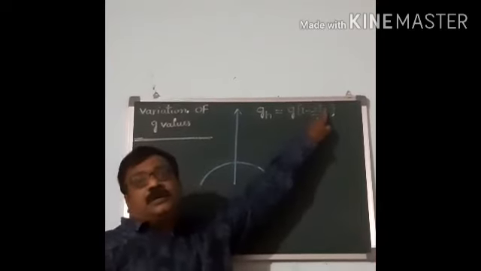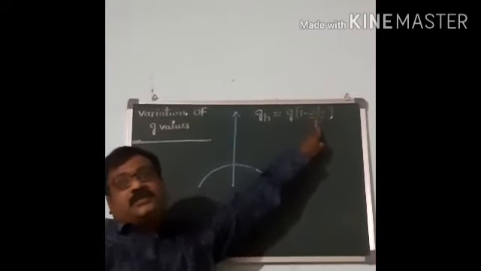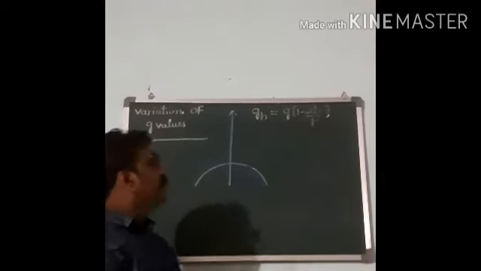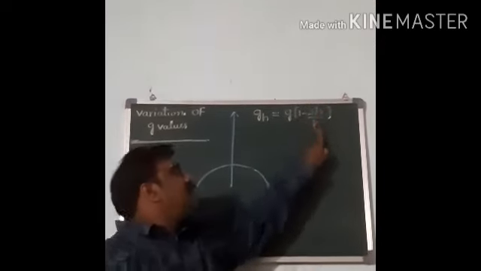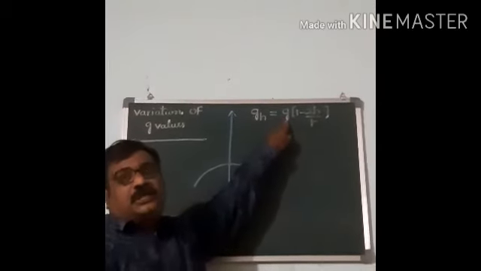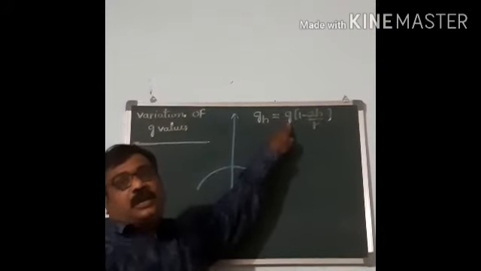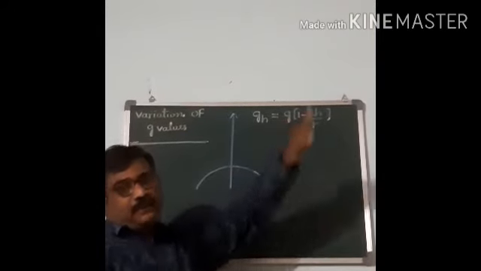H is the height projected and r is the radius of earth. g, the acceleration due to gravity on earth, is almost 9.8 meter per second square.